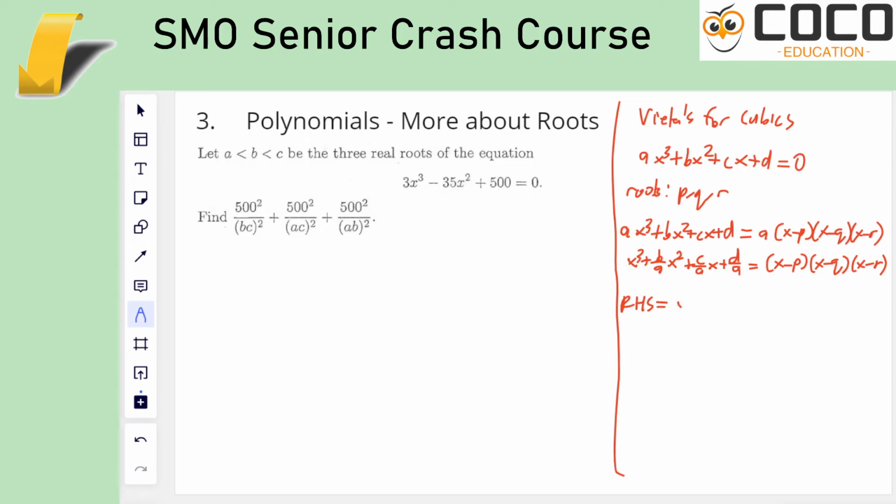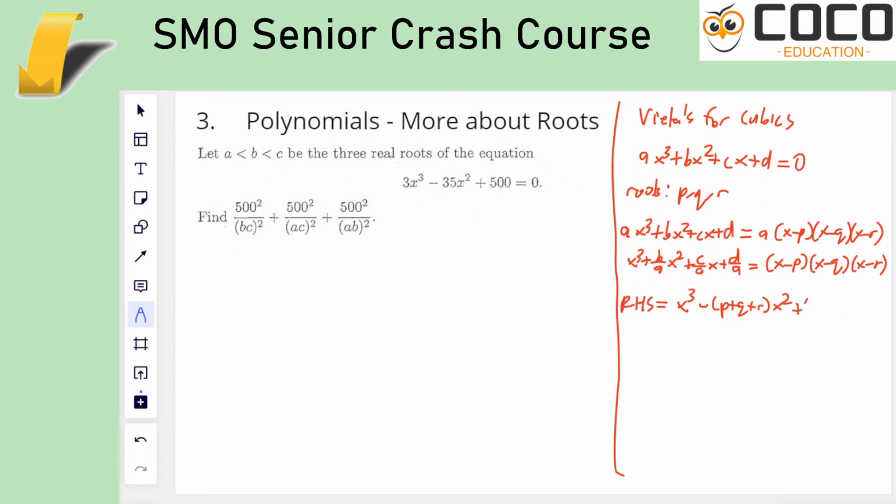So you start with x cubed. What's the x squared coefficient? The x squared coefficient would be x times minus r, x times minus q, x times minus p. So minus p plus q plus r, x squared. Next, what's the x coefficient? It means that you took negative p and negative q, or negative p and negative r.